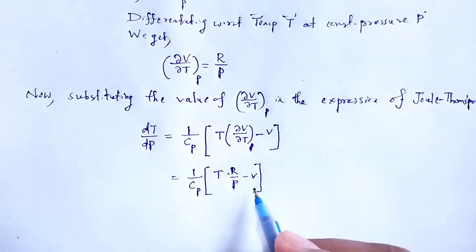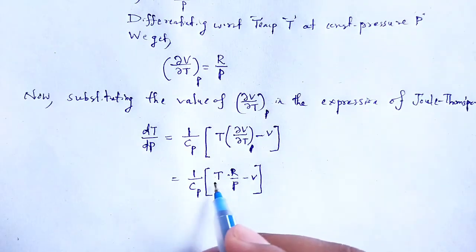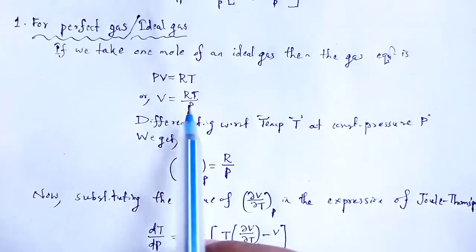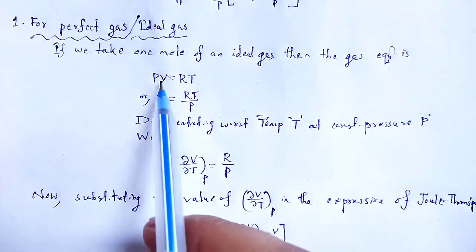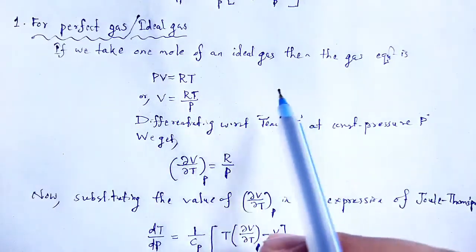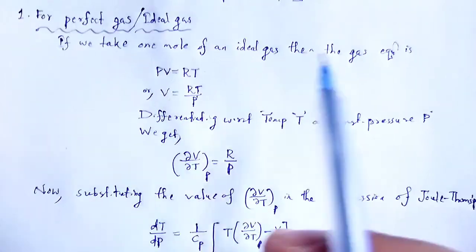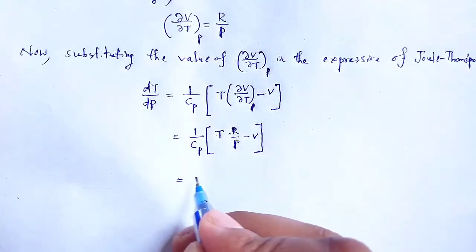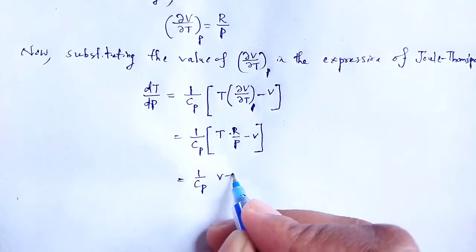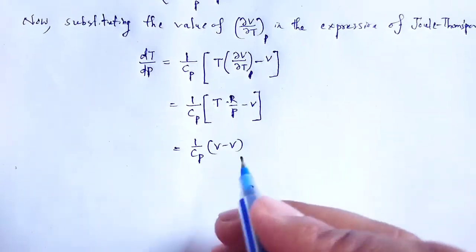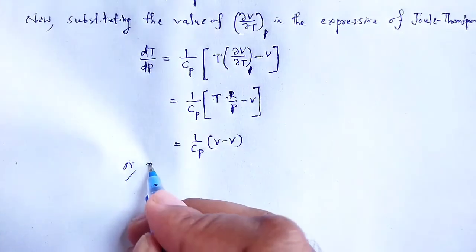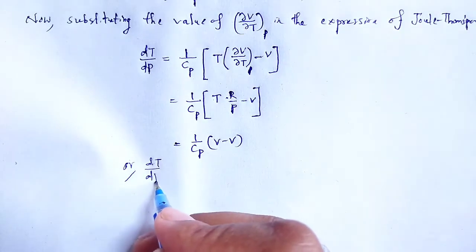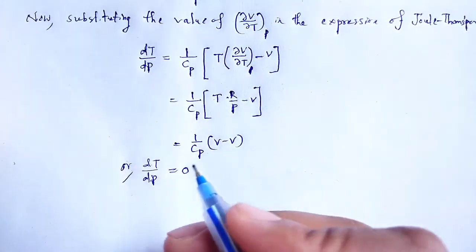So here T times RT by P, as we showed, PV is equal to RT. So in place of RT by P, that is V, it is equal to 1 by Cp times V minus V. The quantity will be 0, meaning dT by dP is equal to 0.